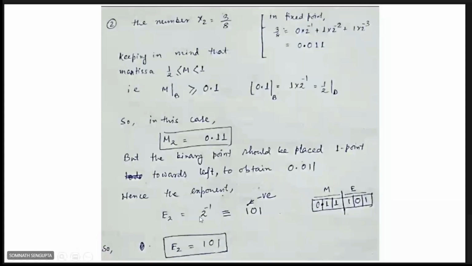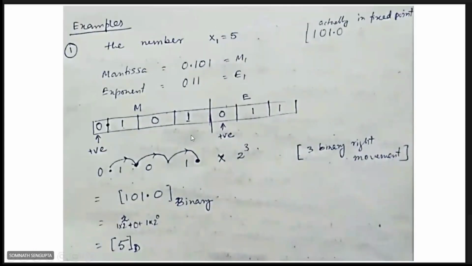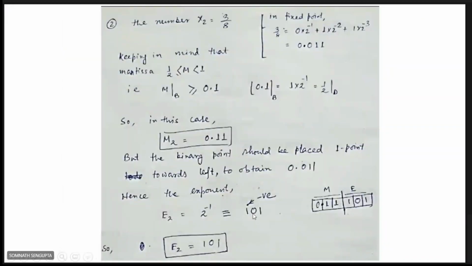Like in the previous case, your Mantissa is 0.101, the binary point movement should be 3 points right, so the exponent should be 2 to the power plus 3. It represents the shift of the binary point. It is a right movement, that's why it is plus 3. And here it is a left movement, so it is minus 1. So it is 2 to the power minus 1.